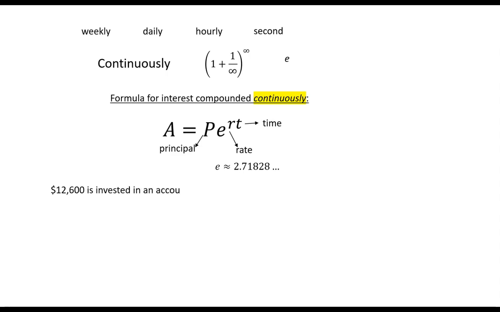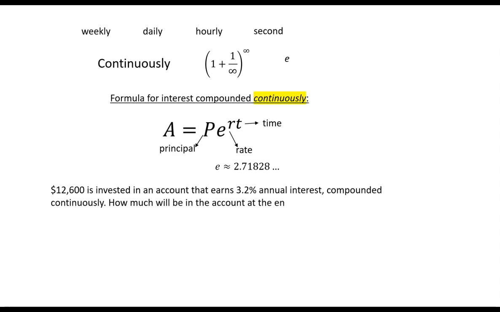So here's a problem. We have $12,600 invested in an account that earns 3.2% annual interest, compounded continuously. How much will be in the account at the end of 12 years? Using our continuously compounded interest formula, 12,600 is the principal.